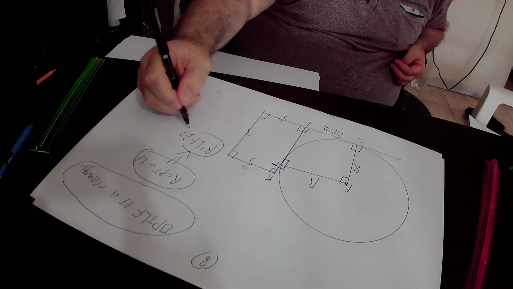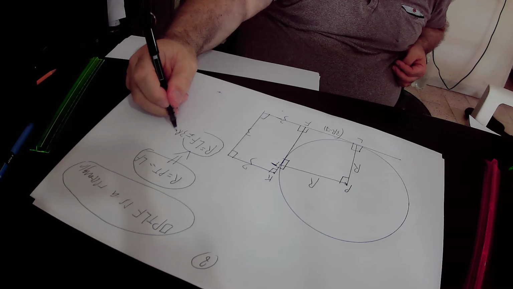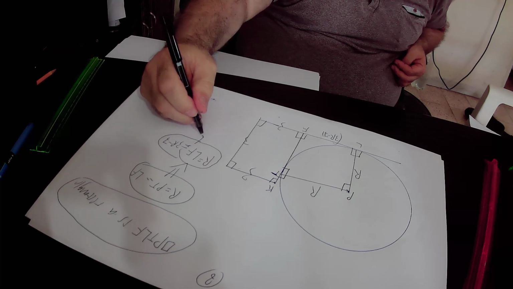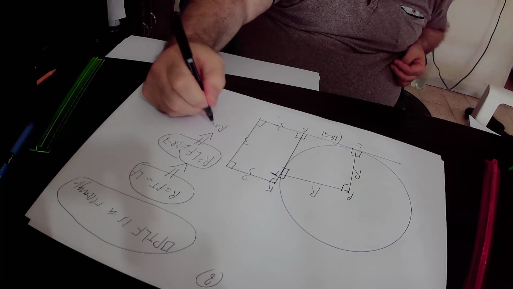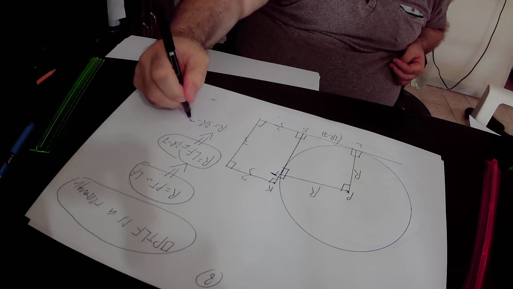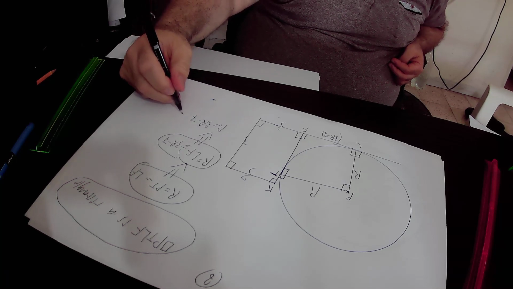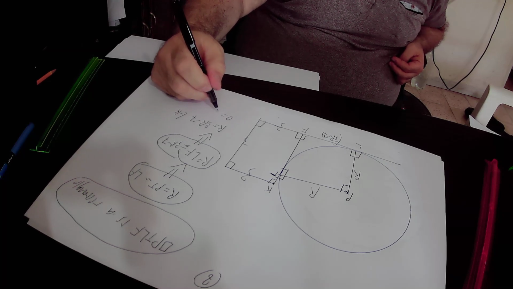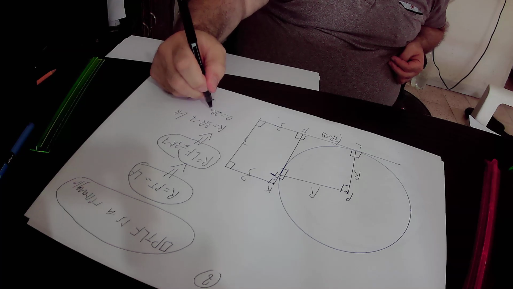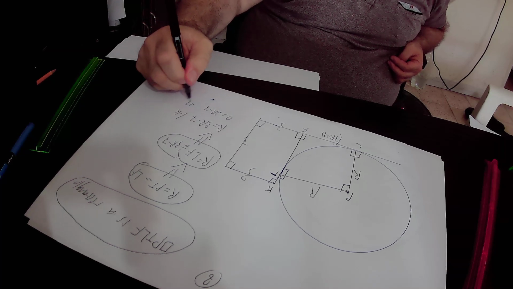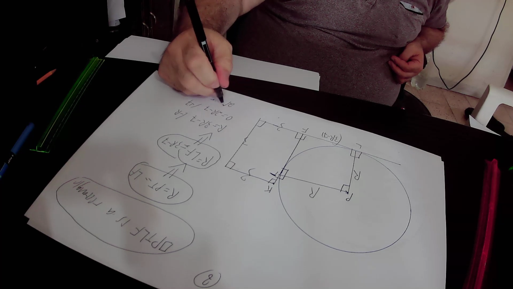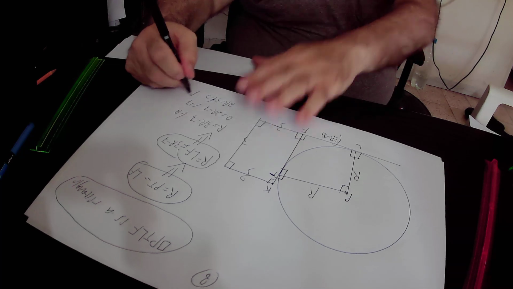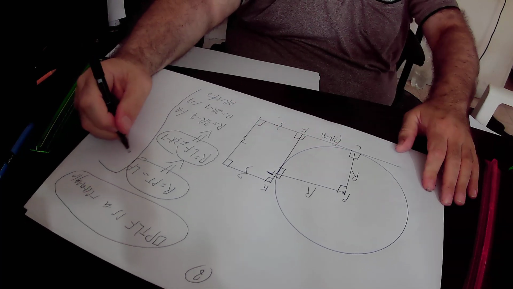So R equals 3R minus 7. Here we subtract R from this equation, and we get that R minus R is 0, 3R minus R is 2R minus 7 equals 0. We'll add 7 to this equation and we get 2R equals 7. We'll divide this equation by 2 and we get that R equals 3.5 units.